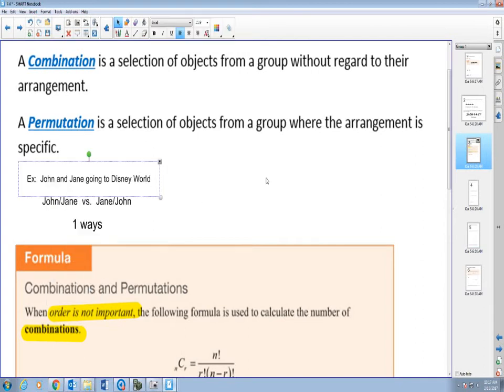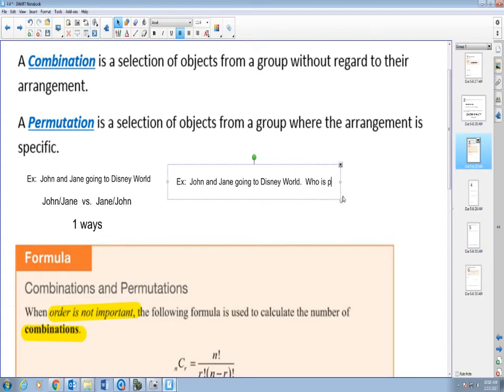Now, if I give you the same example, John and Jang go to Disney World, and whoever I pick first will drive. Well, now the order actually matters, because the first person I pick has to be the one that's driving down to Disney World.